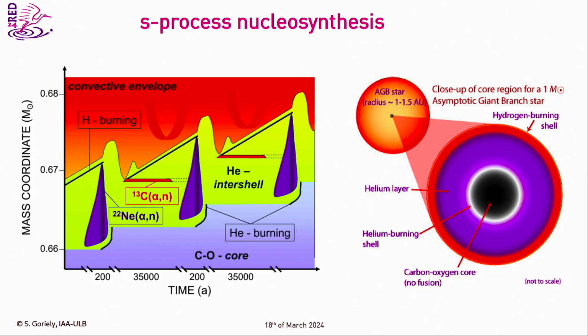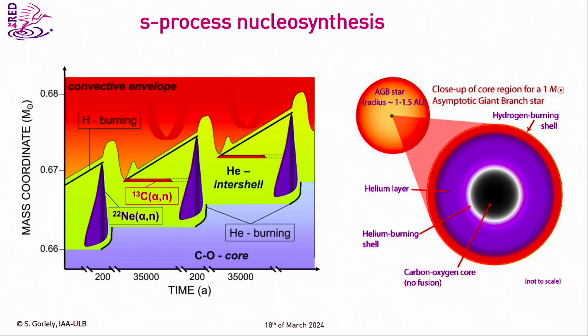There's degeneracy, and so there are what we call thermal pulses, a flash here. A convective region develops and engulfs part of the products of hydrogen burning into helium burning. This leads to the production of carbon-13 and neon-22 that produce neutrons. And these are the slow neutrons that you want to build up the s-process elements.